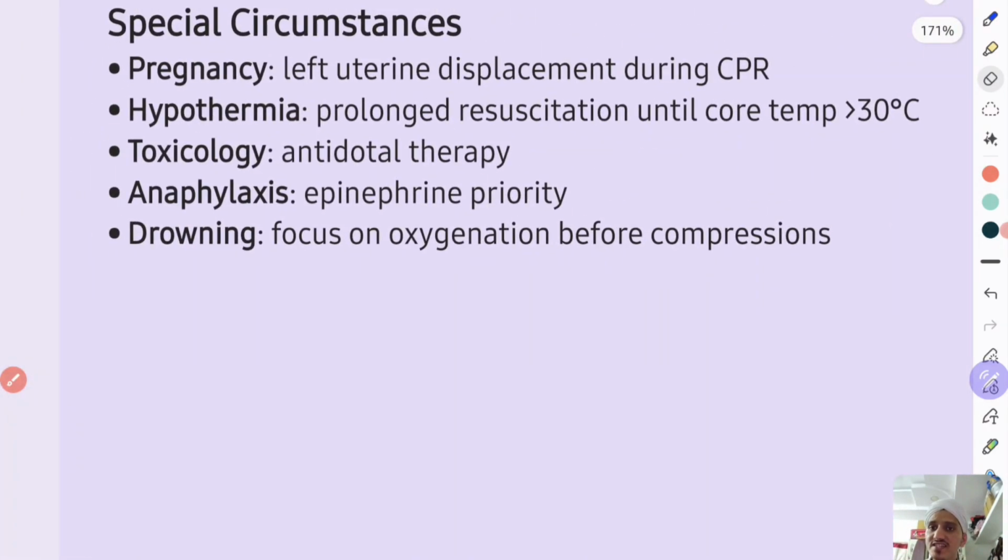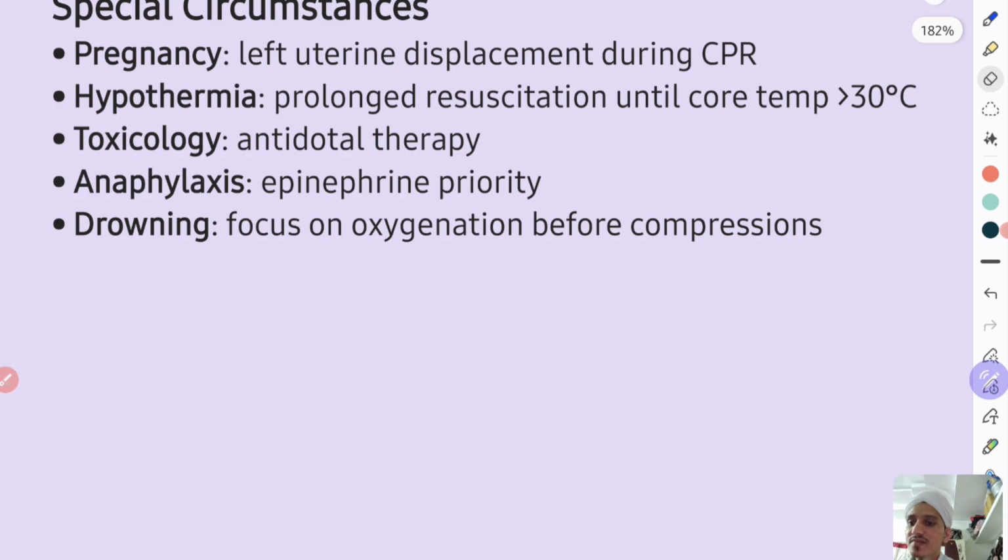Special circumstances, for example in pregnancy, you should keep in mind left uterine displacement during CPR. This is important in patients who have cardiac arrest in pregnancy.